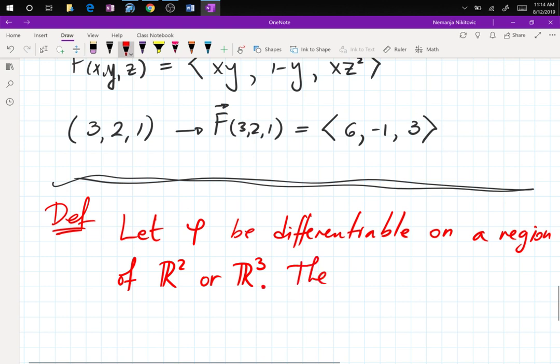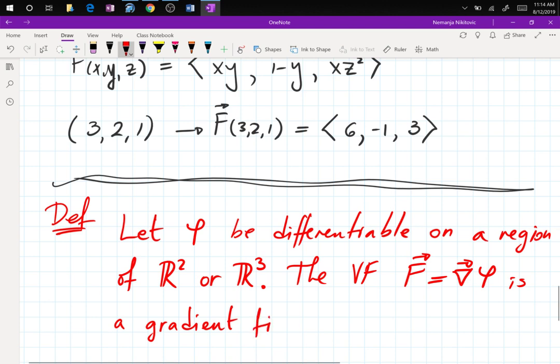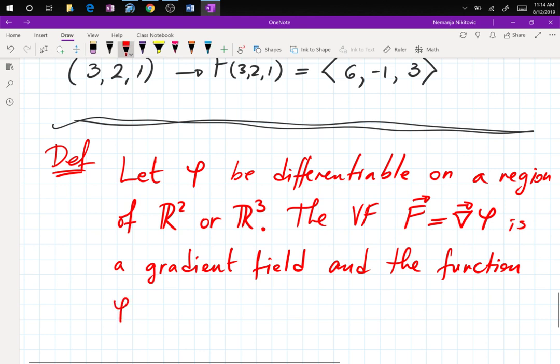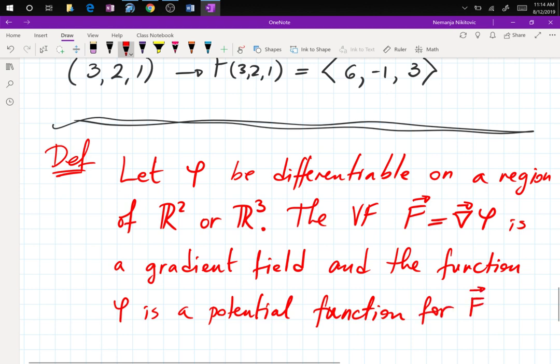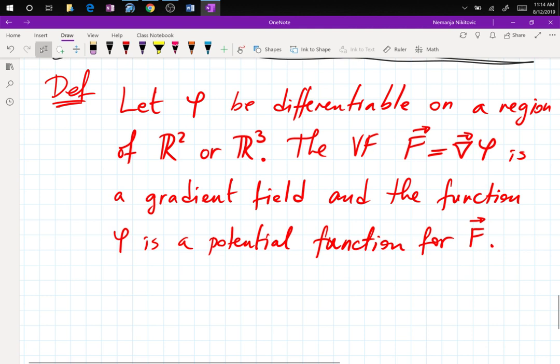So the vector field F equals del phi is a gradient field, and the function phi is a potential function for F. So let phi be differentiable on a region.